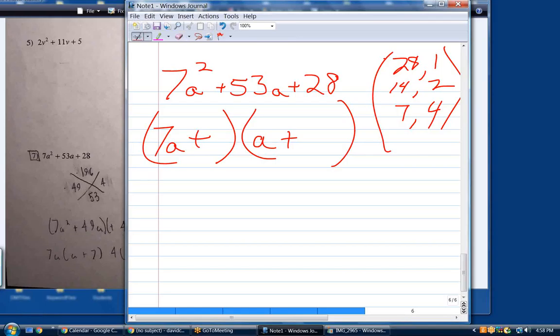And again, we could just randomly try them. However, the one thing you'll notice is that that's a pretty good sized number. Probably not going to get there if I put a 2 there and a 14 there.